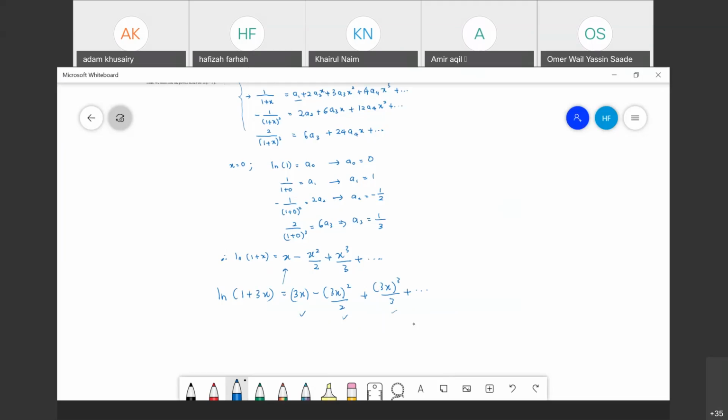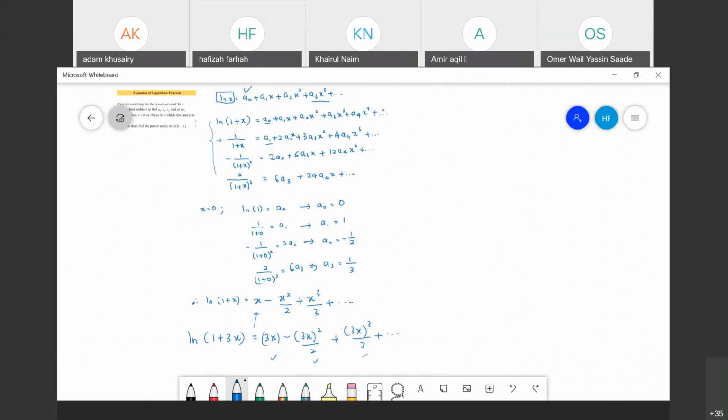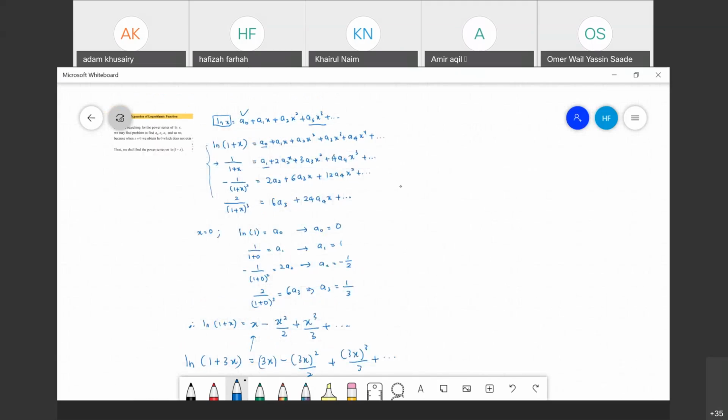So what you have to do is expand this power series into a5x to the power of 5, a6x to the power of 6, up until 6, and you have to differentiate until you get the fifth term. So this will be 1, 2, 3, 4, and 5.